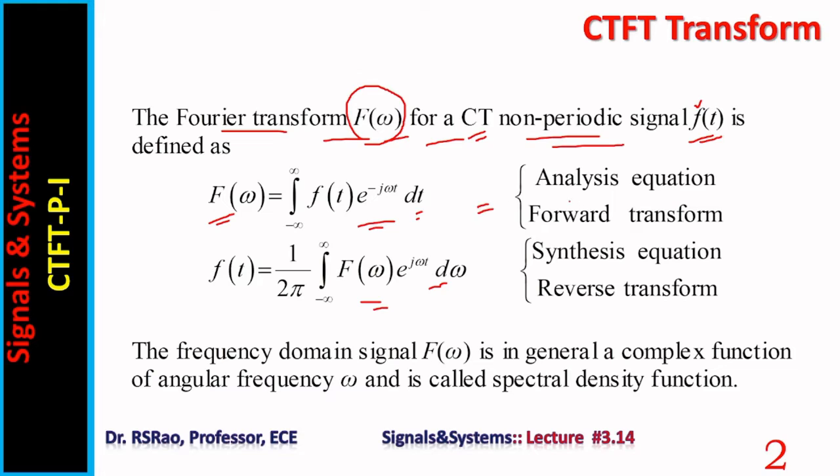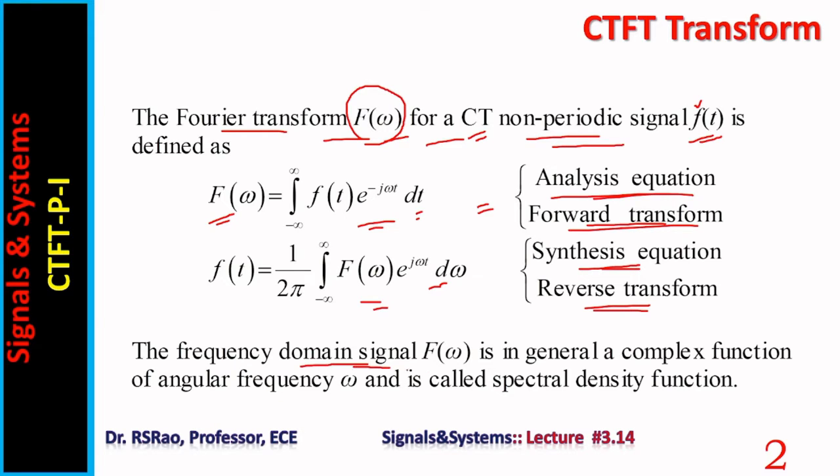First one is called the analysis equation. This is also the forward transform. Forward transform is one which converts a signal from time domain to frequency domain, whereas reverse transform is one which converts a signal from frequency to time domain. Reverse transform is also called the synthesis equation.